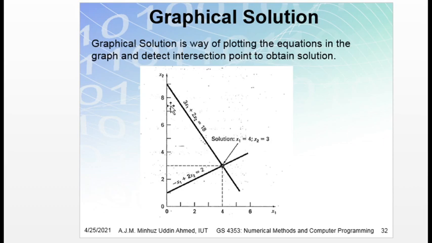Whenever we plot this, two straight lines from two equations will be there, and those two will intersect at a point, and the graphical representation will give you a good value of the solution, a particular value of x1 and x2.